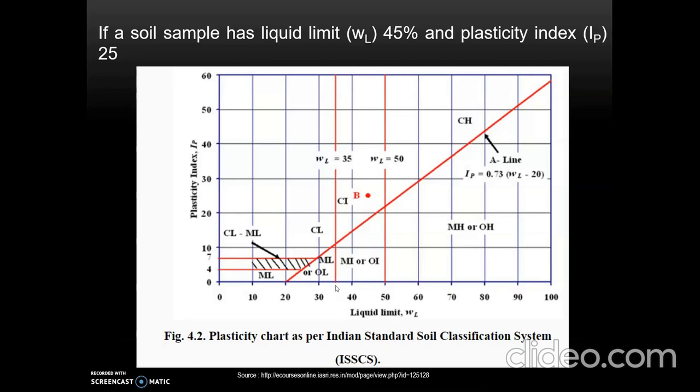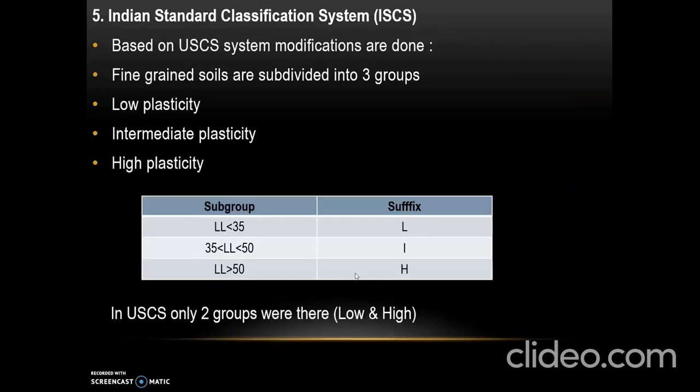One is for liquid limit equal to 35% and the second one for liquid limit equal to 50%, because here we know that the suffix L is used for liquid limit less than 35%, suffix I is used for liquid limit ranging from 35 to 50 and H is used for liquid limit greater than 50.